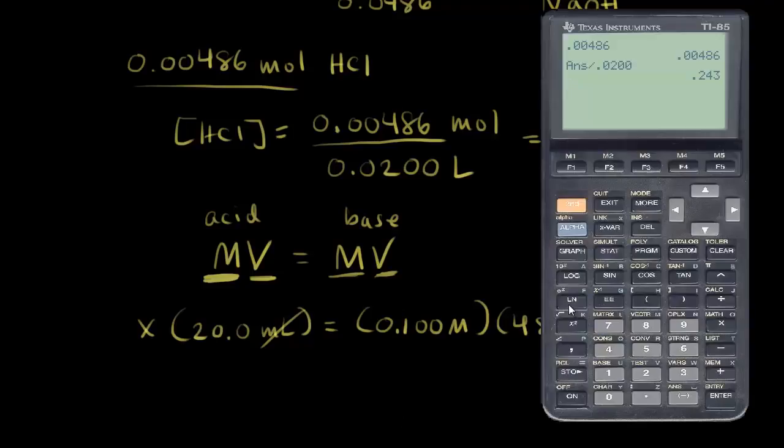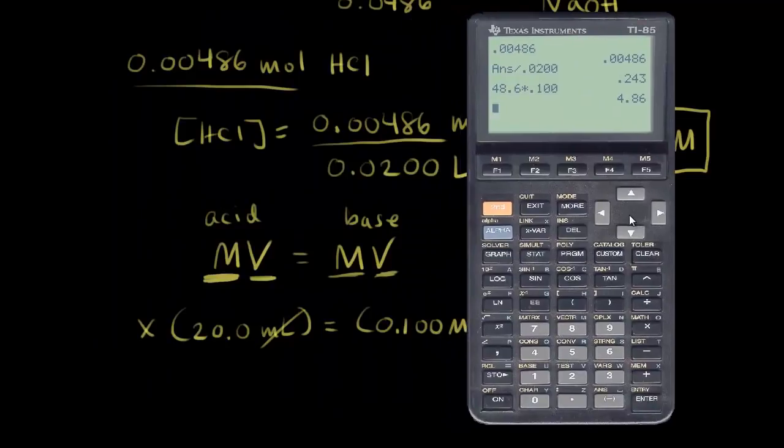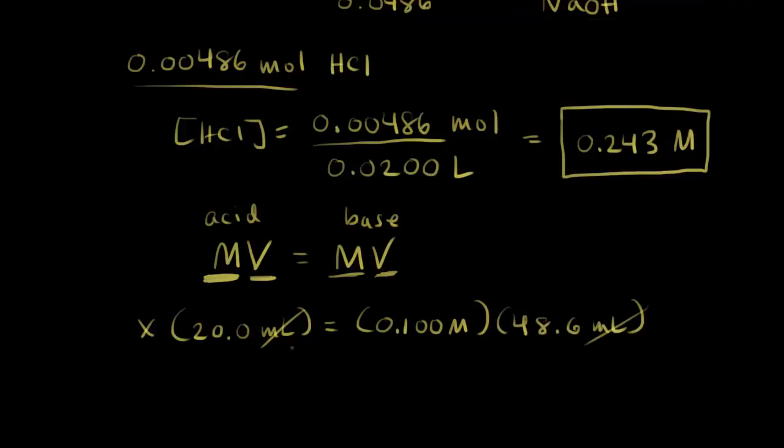So we get out the calculator, and we need to multiply 48.6 times 0.100, and so we get 4.86, obviously, and then if we divide by 20, we will get our answer of 0.243. So x is equal to 0.243 molar.